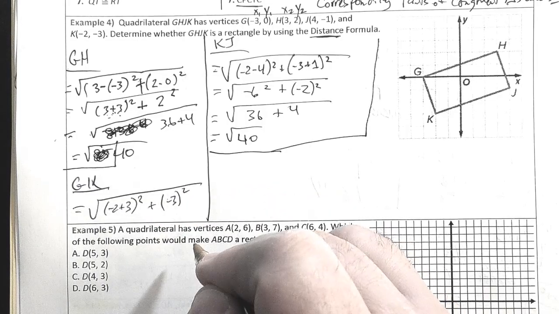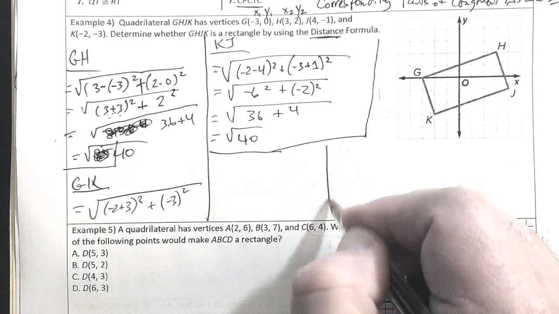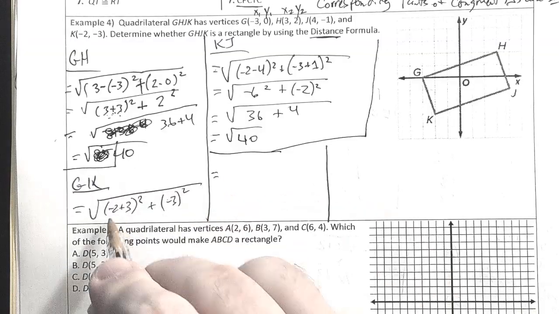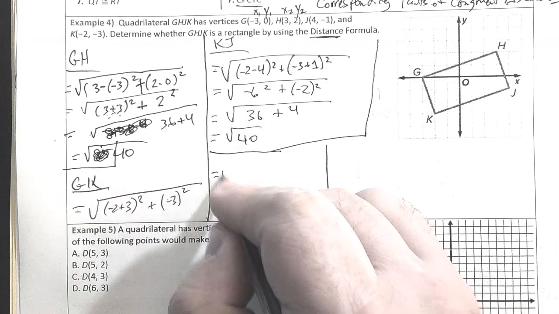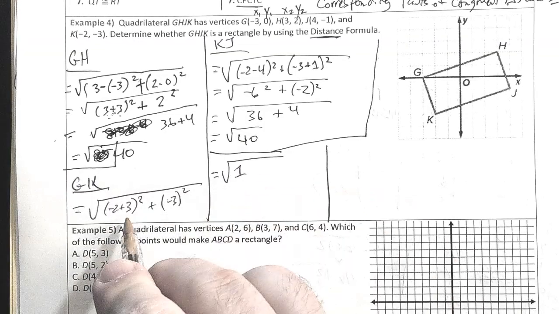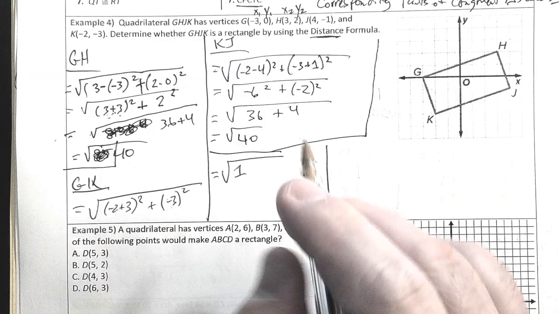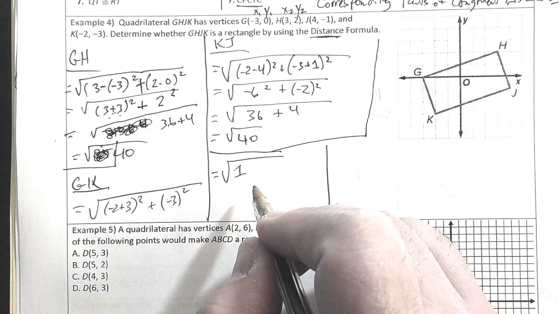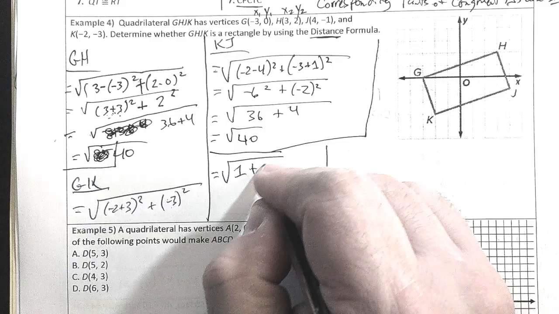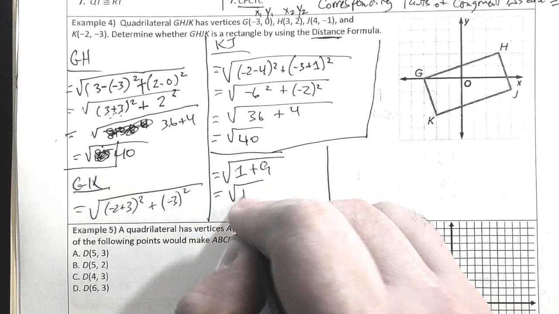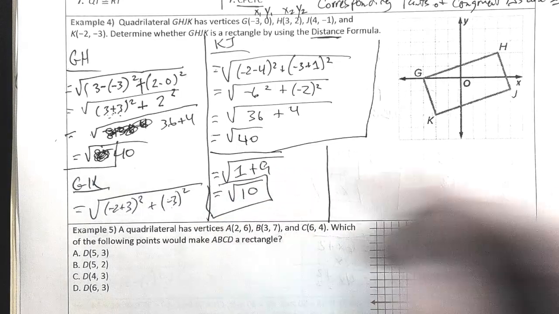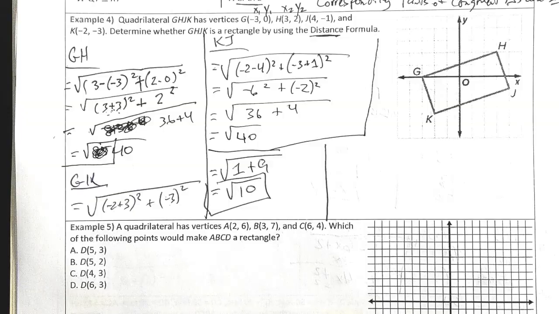All right, so scoop this over. Negative 2 and positive 3 make 1. 1 squared is 1. Negative 3 squared is positive 9. 9 plus 1 is the square root of 10.